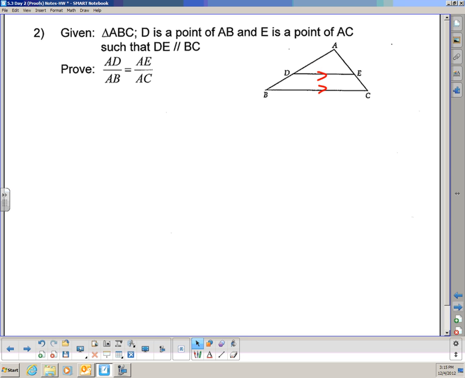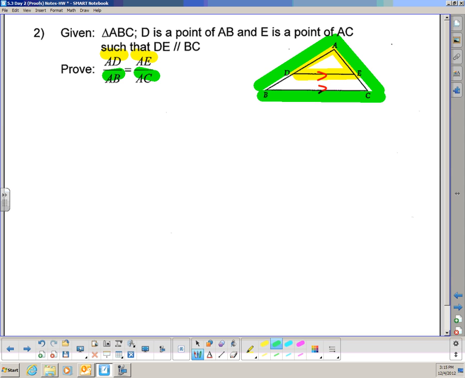The tops of the fractions, AD and AE, form a triangle up here, and the bottoms of the fractions, AB and AC, form this bottom triangle. Those are the triangles they want you to prove similar.